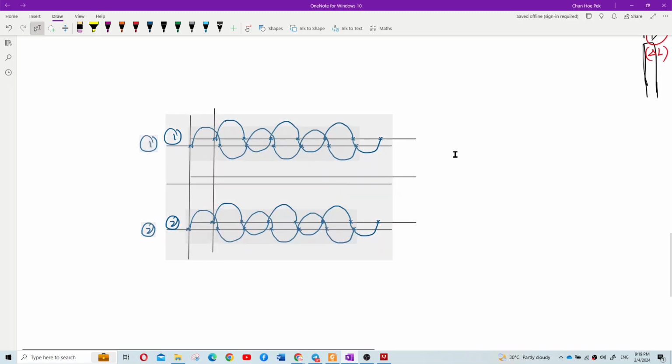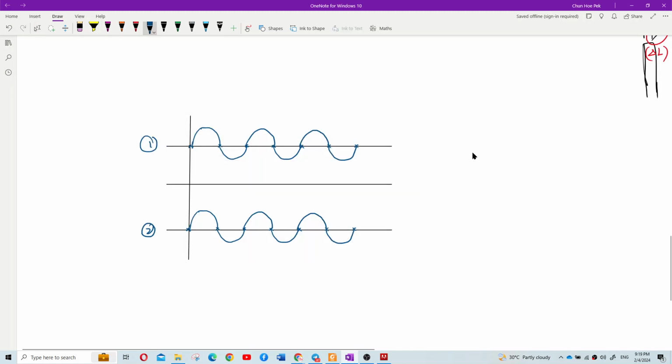So okay, I want to ask you class. These are two in phase sources. In phase means both going up, both initially going up.